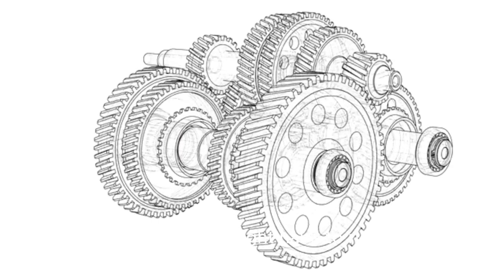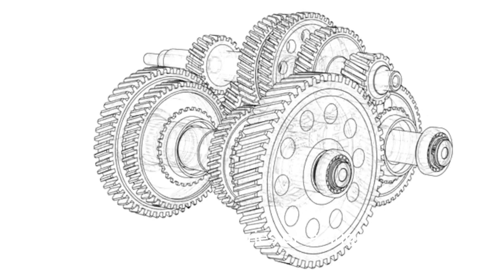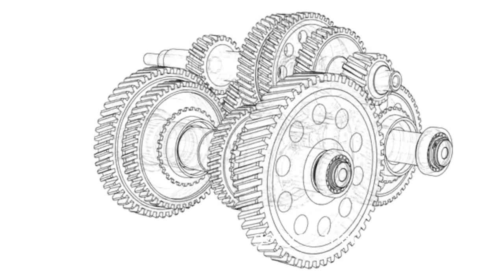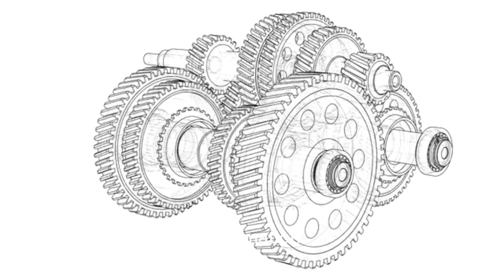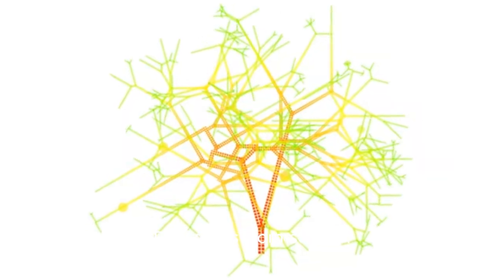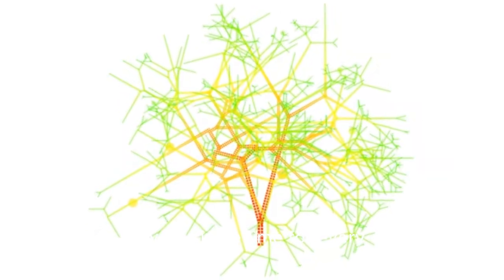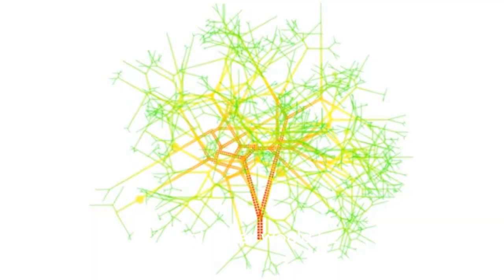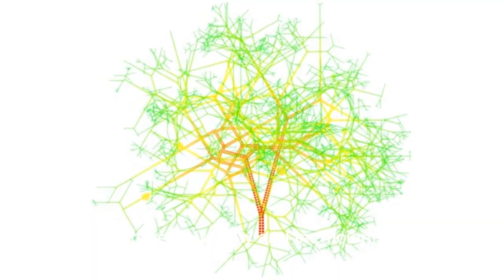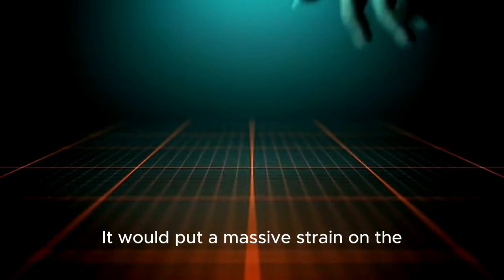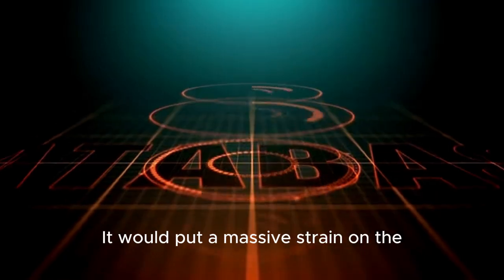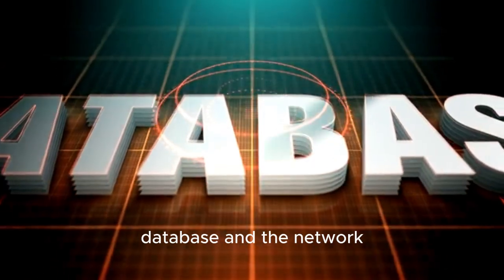This server might have to run complex queries on a huge database to get you that information. Doing this from scratch every single time for every single user would be incredibly slow and inefficient. It would put a massive strain on the database and the network.